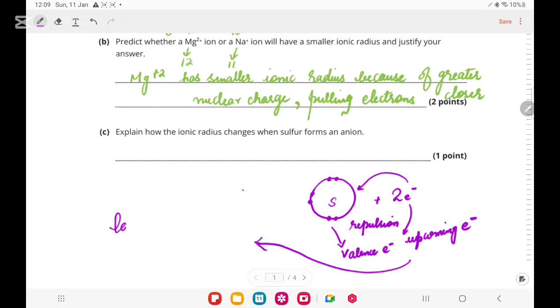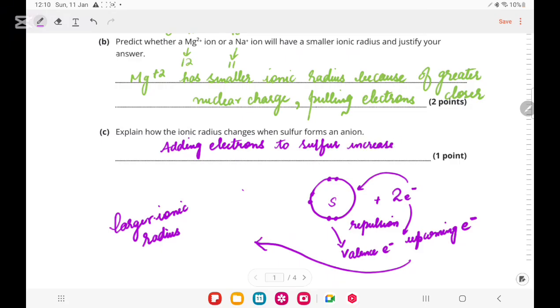We can write: adding electrons to sulfur increases electron repulsion, resulting in larger ionic radius.